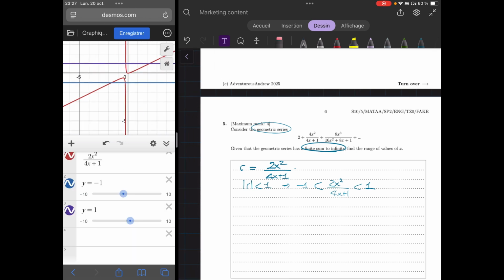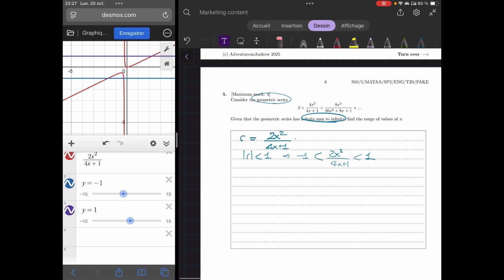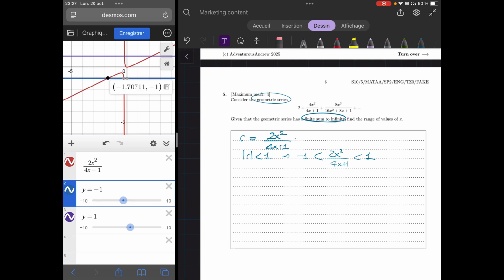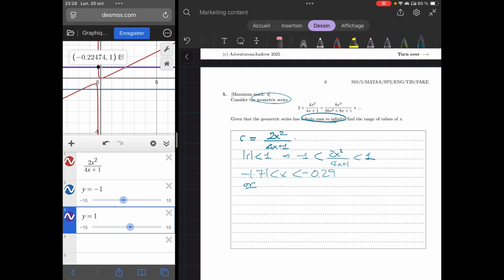Quickly sketch out this function. So as we can see, x has to be between minus 1.71 and minus 0.29, or it is between negative 0.225 and 2.22.